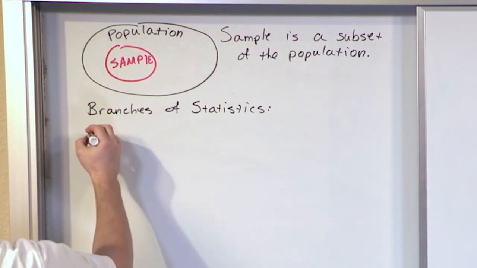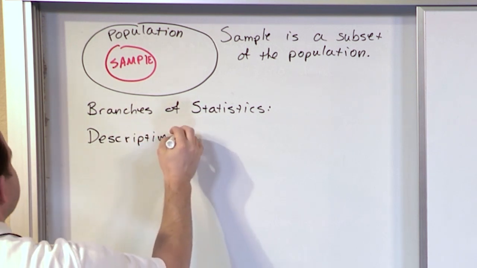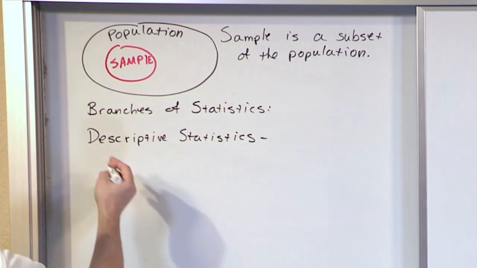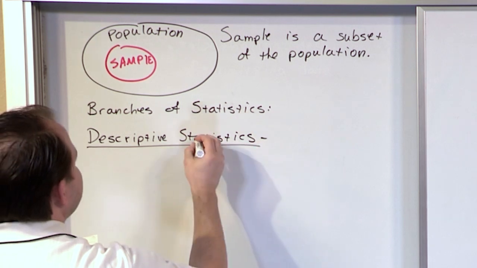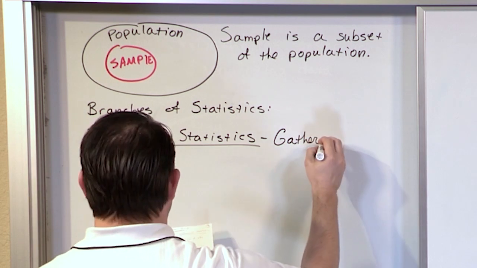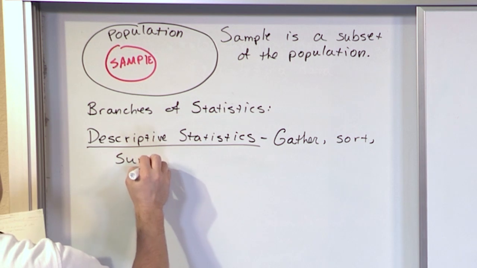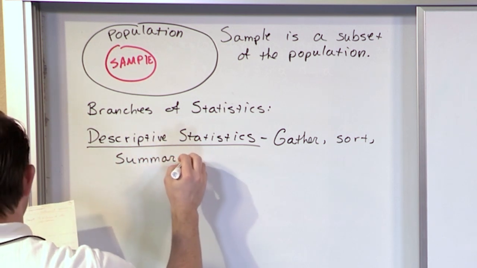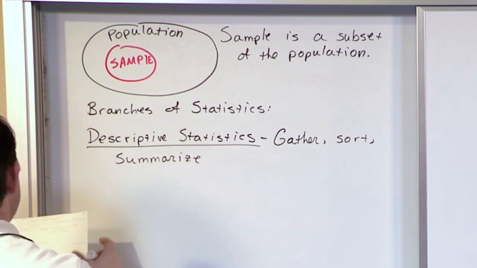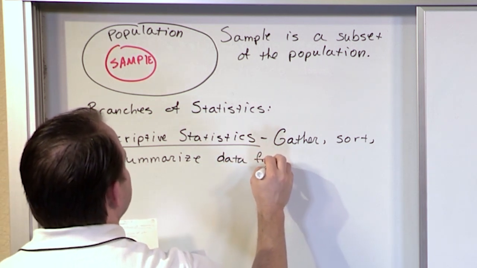The first one is descriptive statistics. And descriptive statistics is exactly what it sounds like. It describes something. So that's when you gather, sort, summarize data from samples.